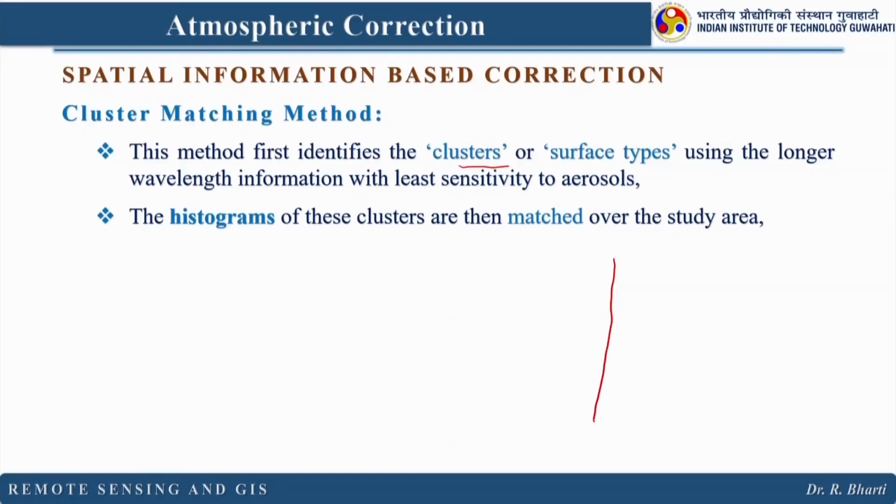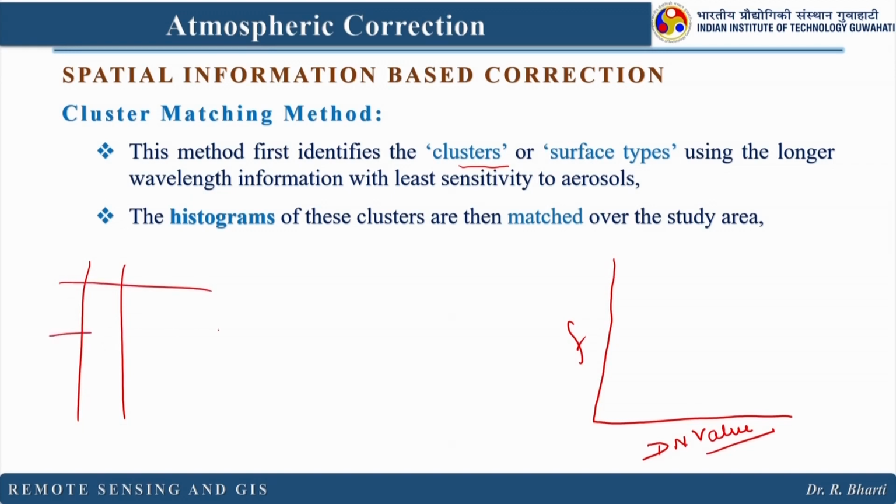So, for any histogram, what is the x and y axis? So, x is your value. So, in this case it will be DN value, right, and y is always our frequency. So, from this matrix you will have to identify the unique values.